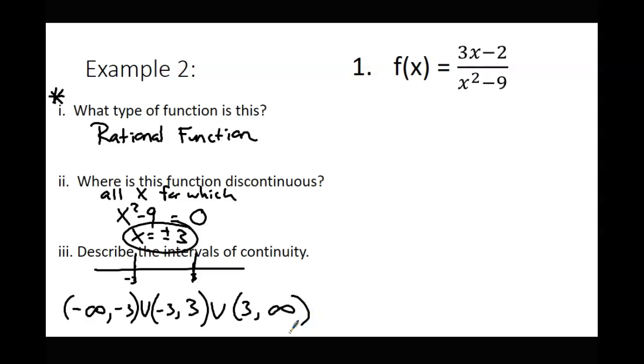Okay? So we started by identifying what kind of function it is. Now that we know what kind of function it is, we could use that little sheet to find where it's discontinuous. Once you know where it's discontinuous, you can find where it is continuous.